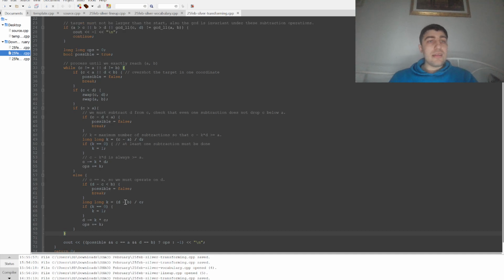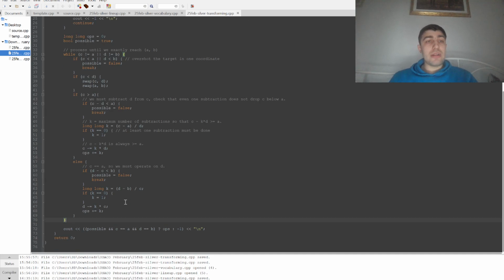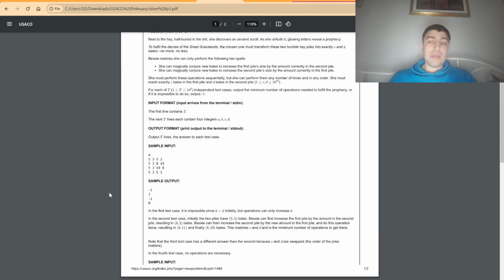This algorithm reflects the GCD algorithm very well, and it gives us a runtime of roughly log n, which is very good given that we have to handle a lot of test cases and the constraints are very high. This is also in line with other mathematical-style problems that occurred in the past in USACO. For example, there was the Bakery problem not long ago, and other similar problems.